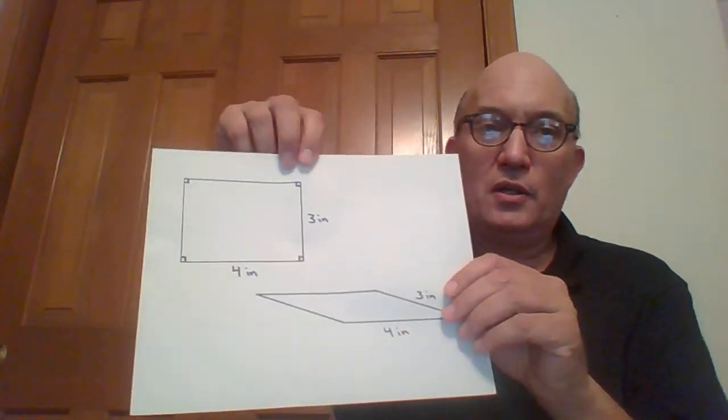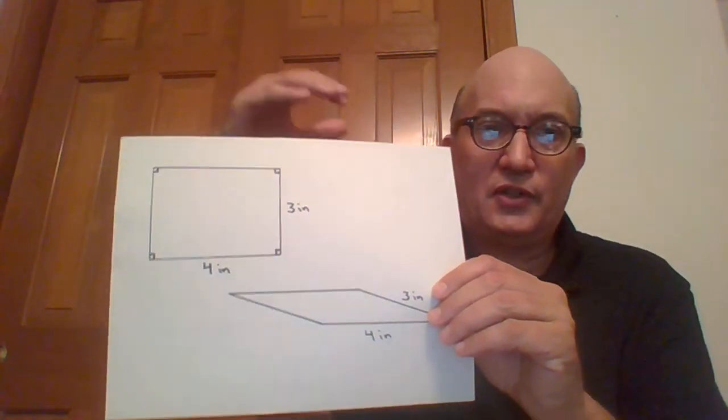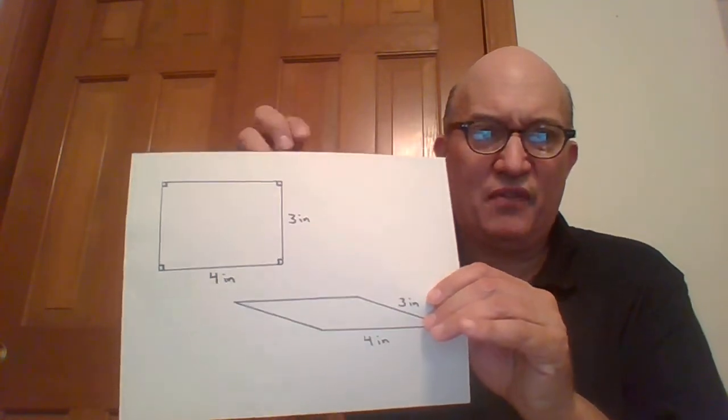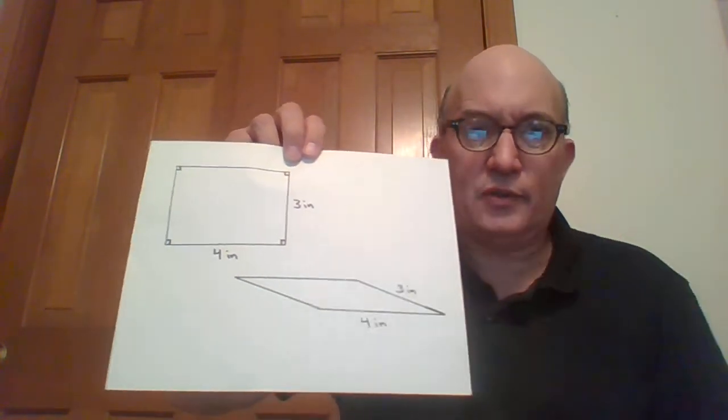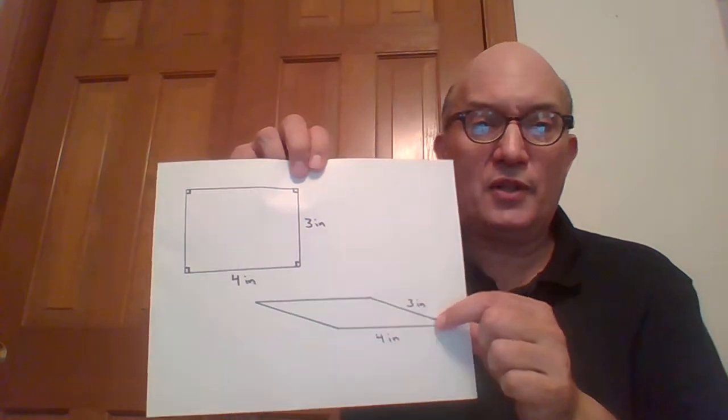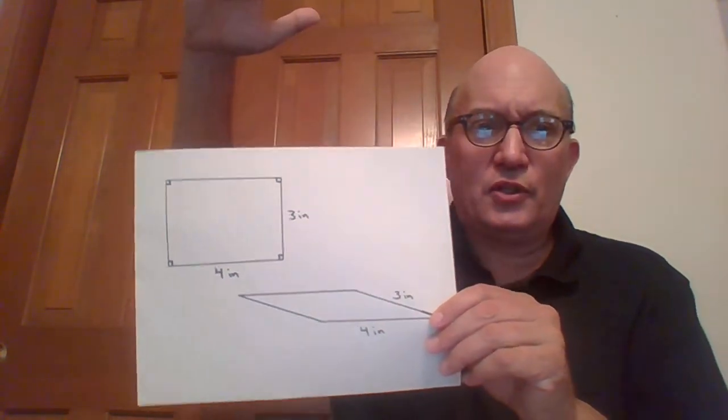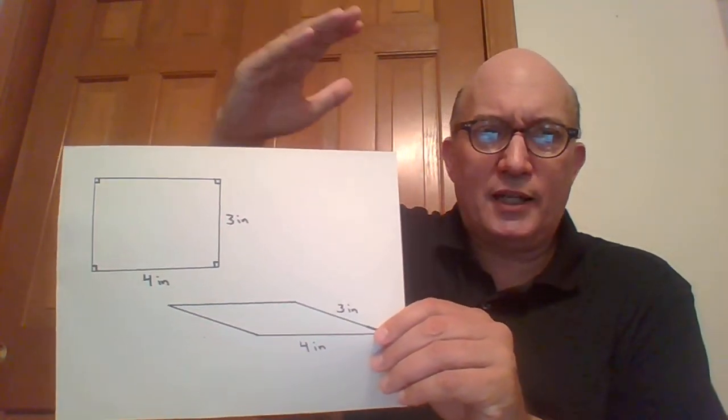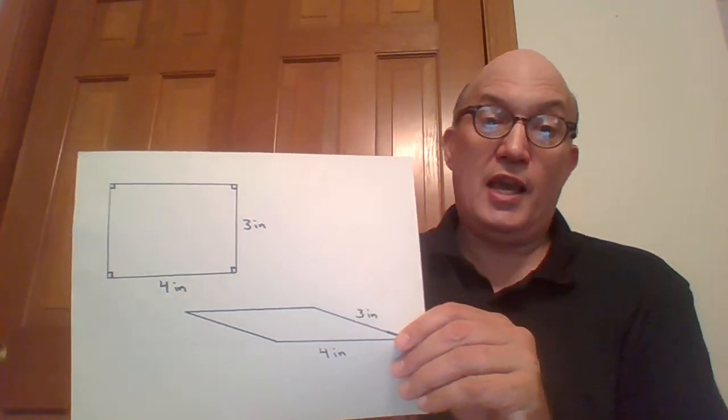You can imagine pushing the sides toward each other and they pivot on these hinges until you get something like this. Now, as you're doing that, just intuitively, you're pushing down and reducing the area.